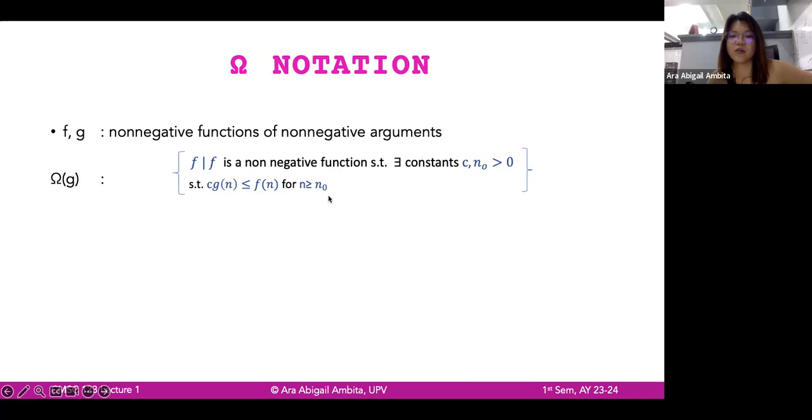Okay? So this just means we have a function c g of n which will always be lower, which will not grow larger than the function f of n after some input n naught.